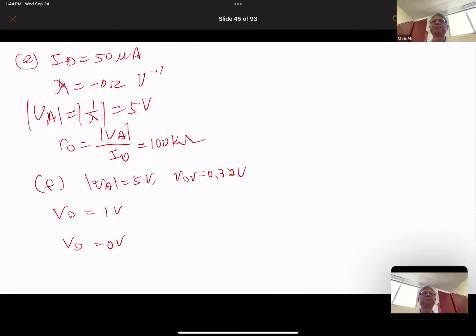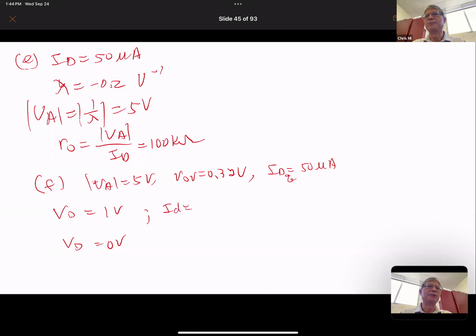How much would you find for the actual ID? That ID initially was given at, I call it IDQ, 50 microamps. That's without the channel effect. Now with the channel effect, we can write ID equal to IDQ plus VSD over RO.